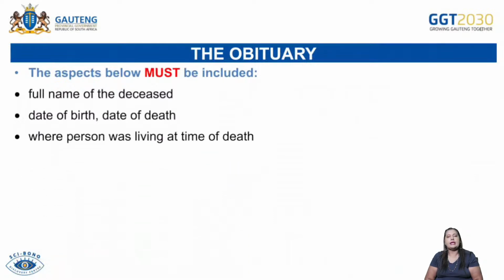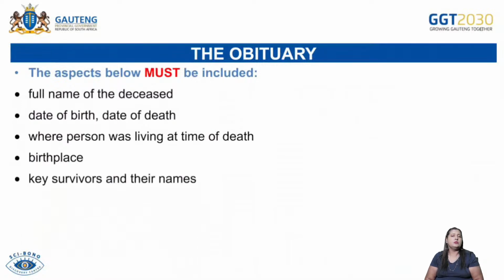Then including there is where the person might have been living at the time when they passed on. Possibly, if you know their birthplace, you can include that. You must also include the key survivors, like the husband or the wife or the children, all right, and the mother and father.